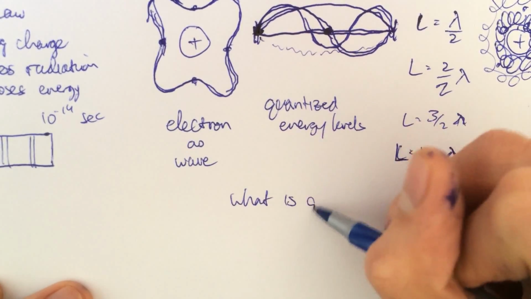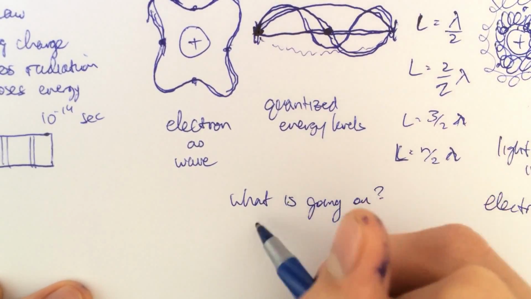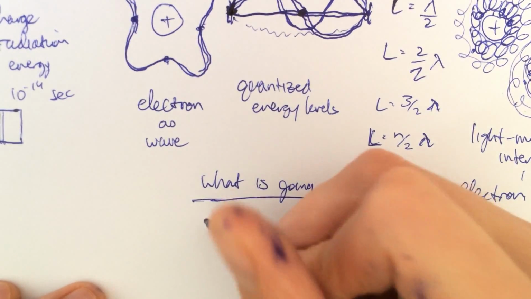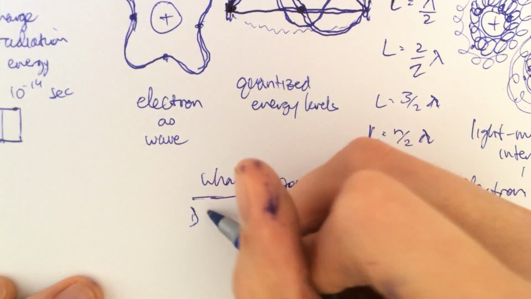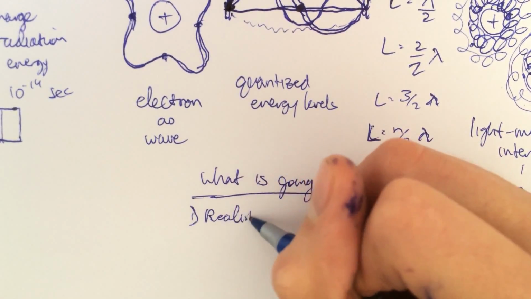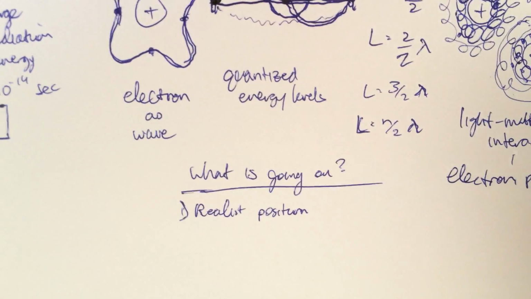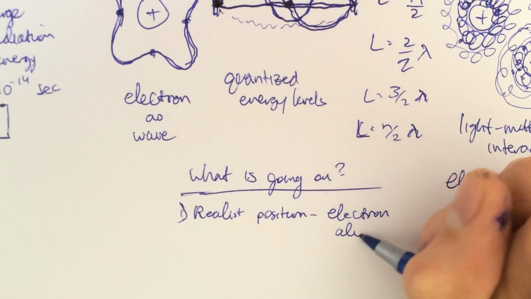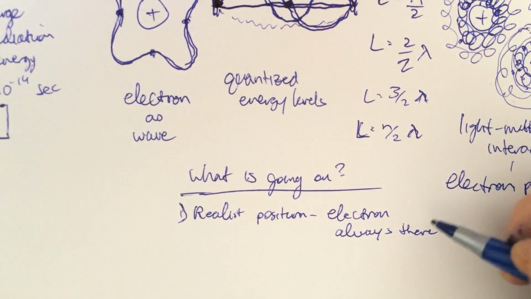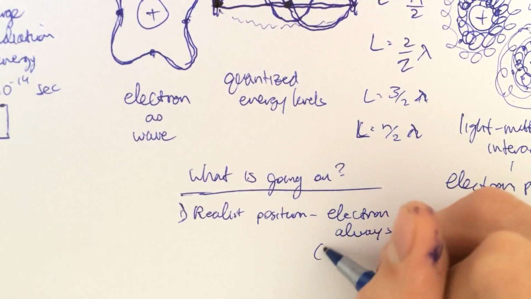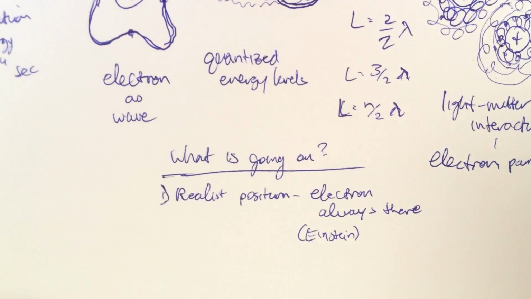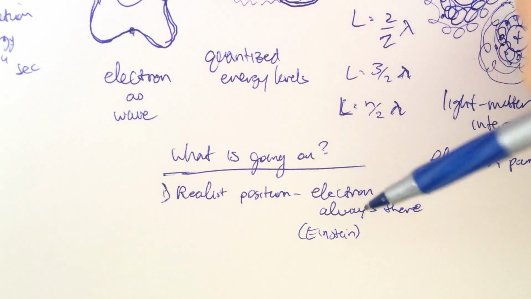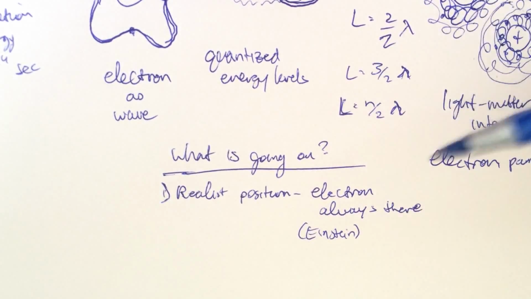That is precisely the question that many scientists and physicists were asking as they examined this over time. One of the positions is known as the realist position, where the electron was always there. This was supported by Einstein because he insisted that there was a hidden variable that we don't know, which keeps us from knowing where the electron will end up.